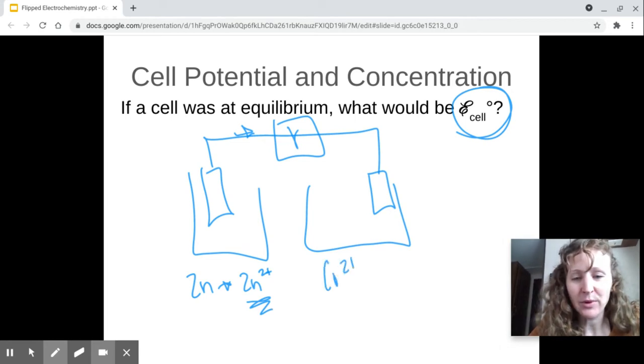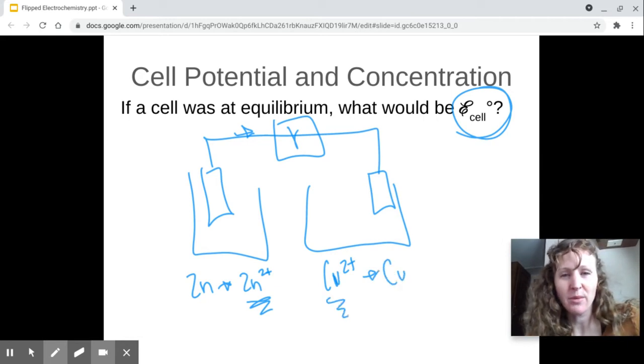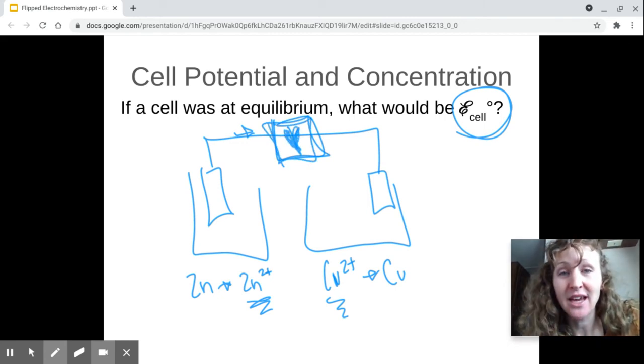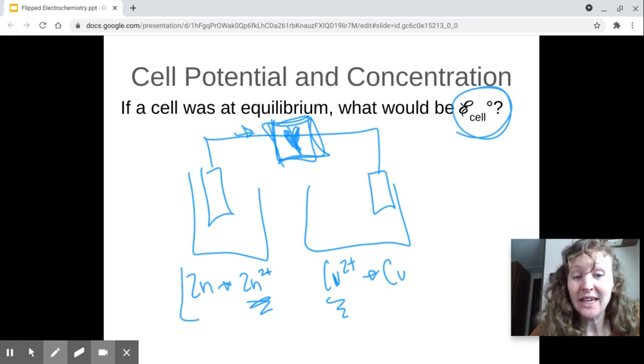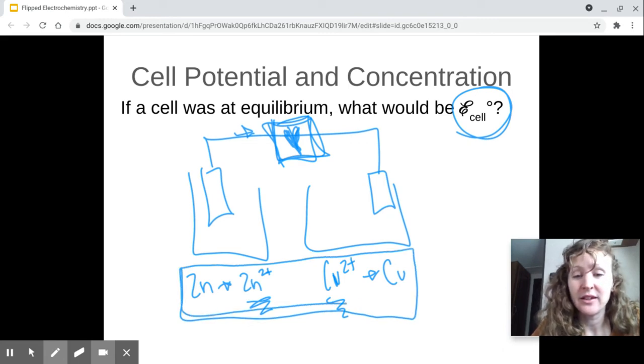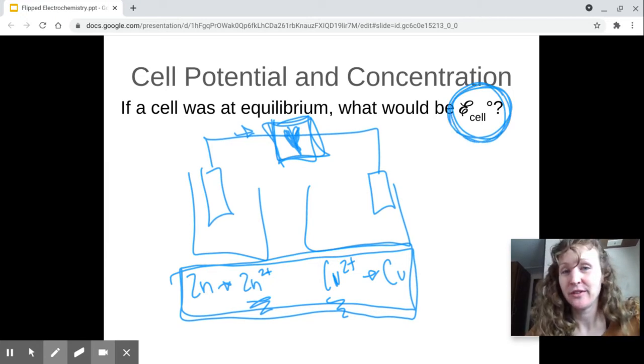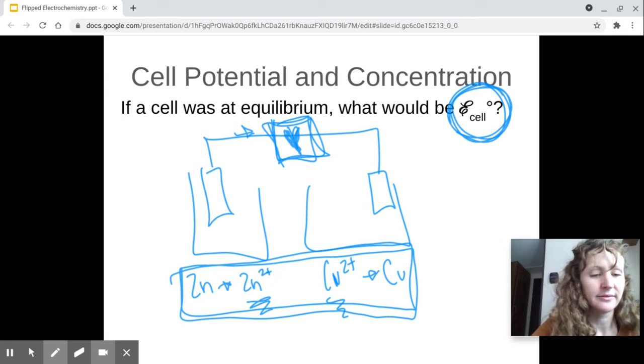Likewise, as the copper ion is turned into solid copper, does the concentration of the copper ion change, or does it stay the same? And as these things happen, what about the voltage? Is that cell potential going to be the same throughout the whole process, or will the cell potential change? When we hit equilibrium with our reaction, what is the cell potential then? So think through these concepts, and we're going to do a little bit of an exploration through these concepts together.